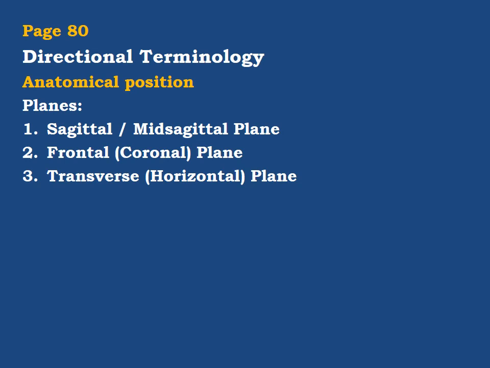Frontal or coronal plane, it cuts the person into two parts again, one front and one back. Ventral or anterior, and posterior or dorsal. The other one, transverse or horizontal plane, which cuts the person into two parts, one upper part and the other one lower part.